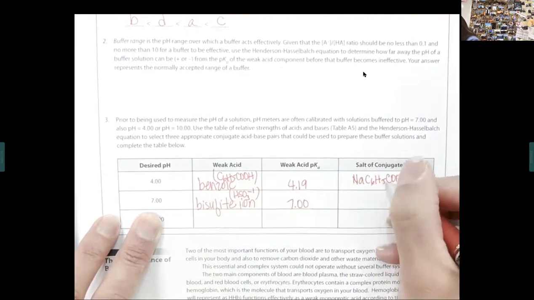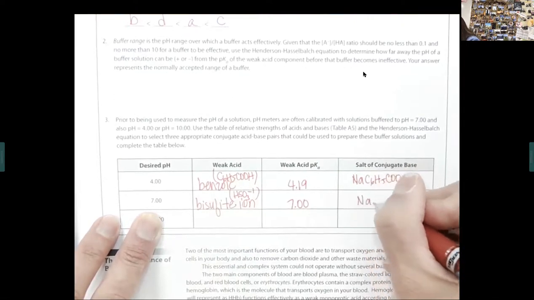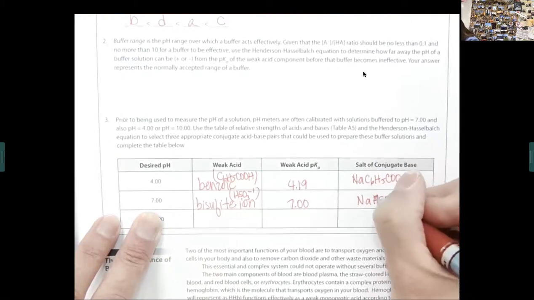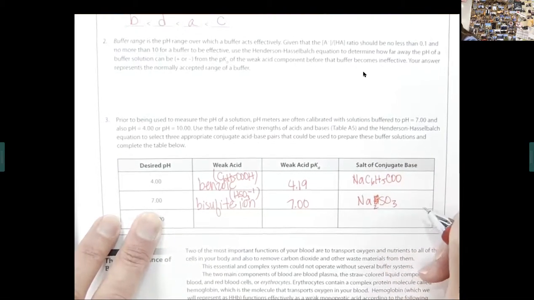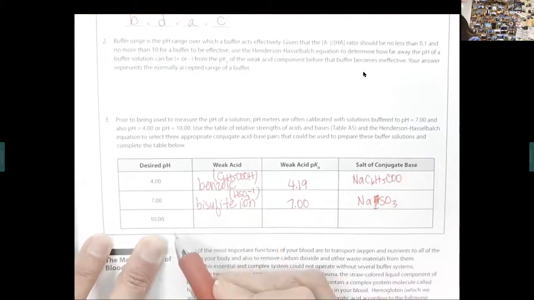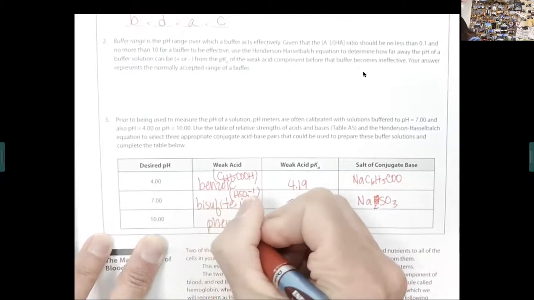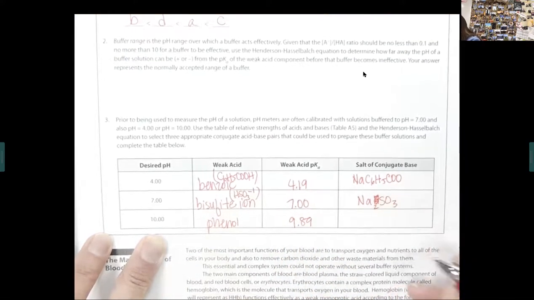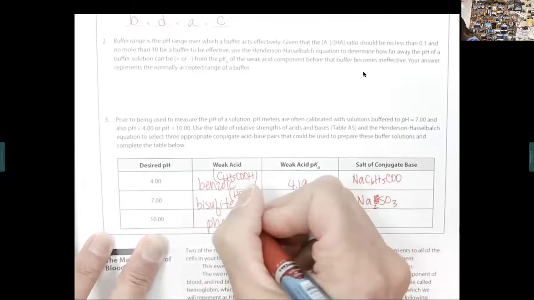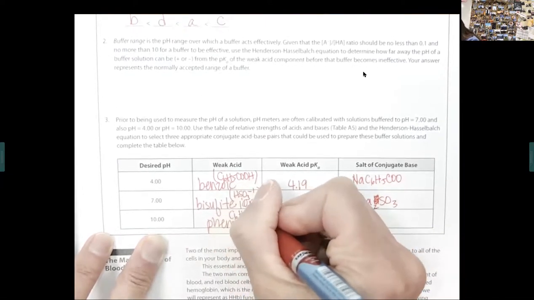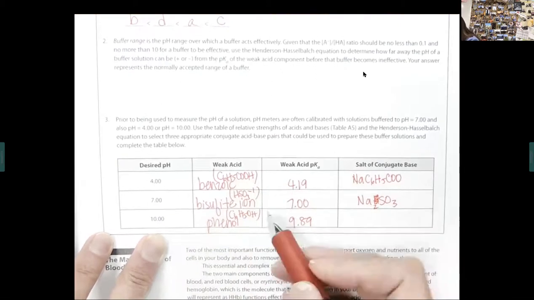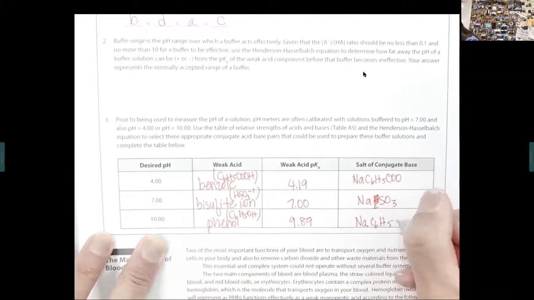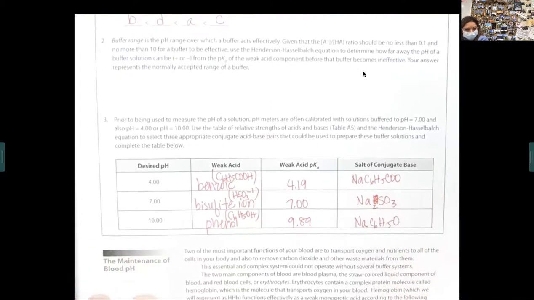So if I put another alkali metal with that, like sodium, I'm going to lose that H. So it's Na2SO3. Here, if I'm at a 10, if you look at the table, phenol is going to have a 9.89 pKa value. And that means that it is C6H5OH, I believe, for its formula. So if I lose that hydrogen on the end and I put an alkali metal with it, like sodium, I'm going to get that salt for its conjugate base.